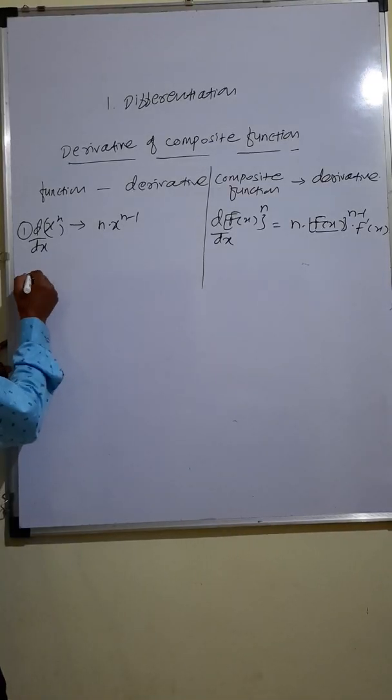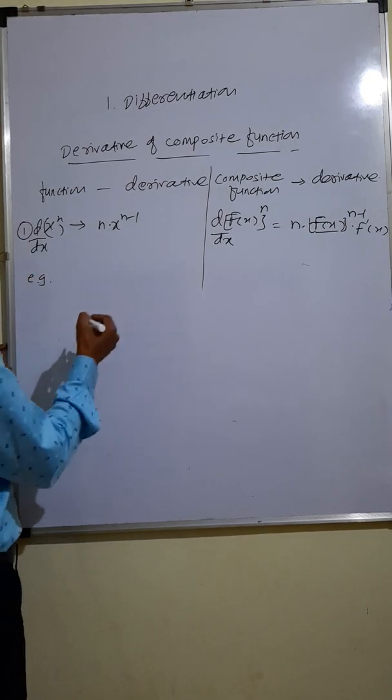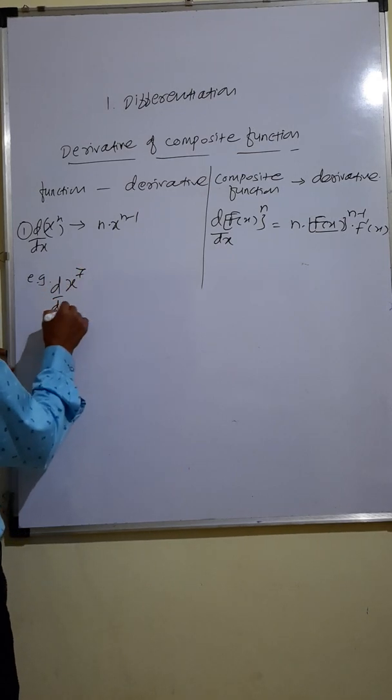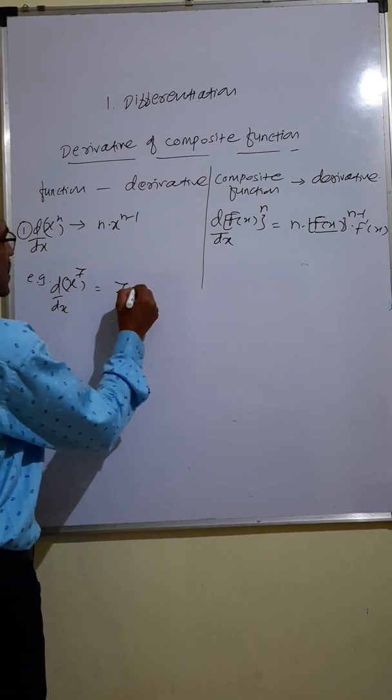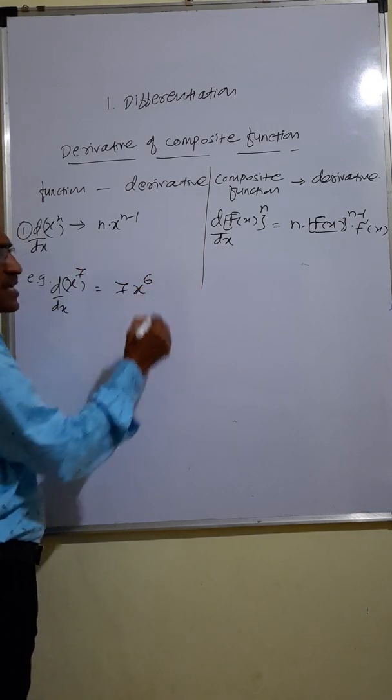Second function, we take its example. So the derivative of x raised to 7 is 7 into x raised to power 7 minus 1, which is 6.